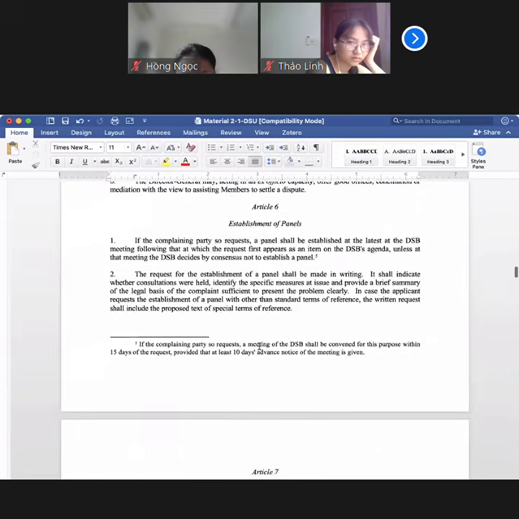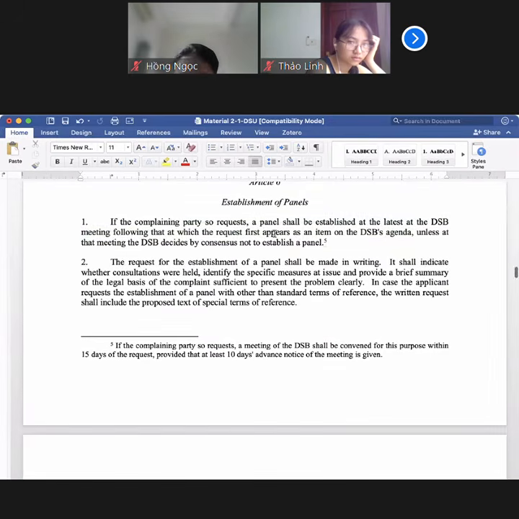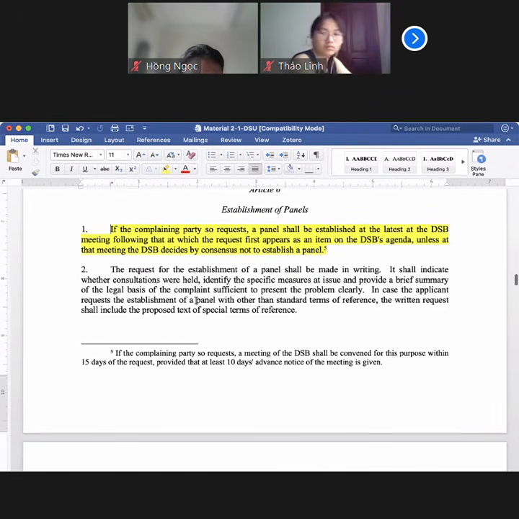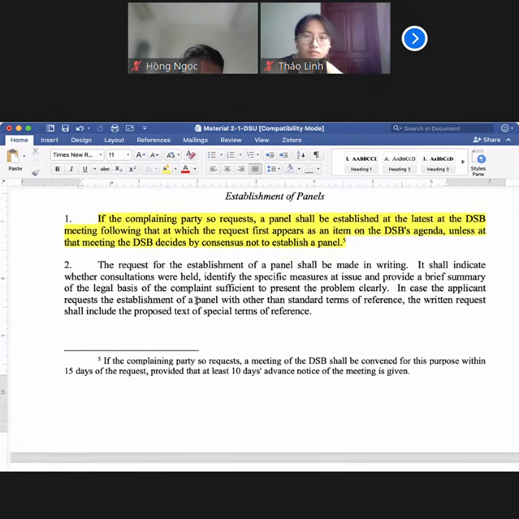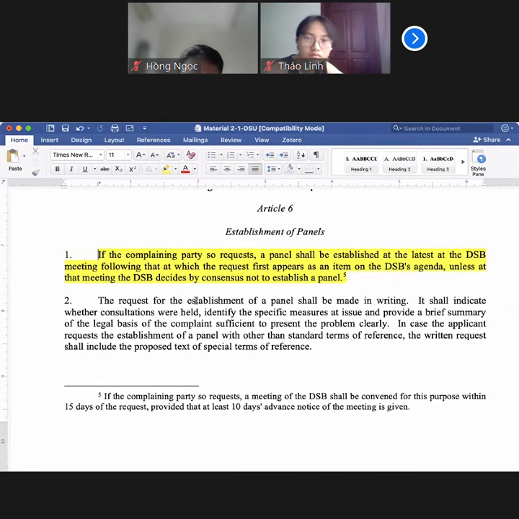Okay, I need you to spend a couple of minutes reading through this text. Now, Article 6, regarding the establishment of the panels. You read through the text, and then please explain to me how you understand these provisions.